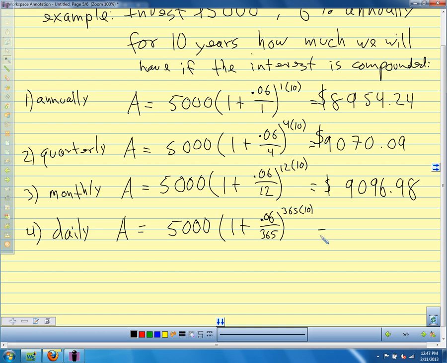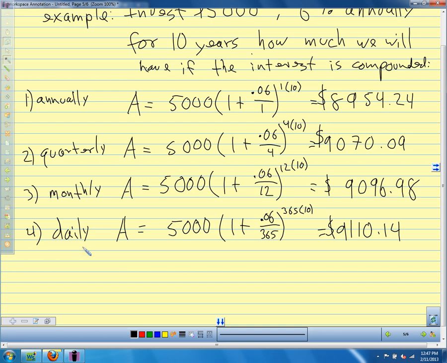If I calculate that all out, you end up with $9,110.14. So we see that as our compounding frequency increases, the amount that we end up with increases, but it goes up more and more slowly.